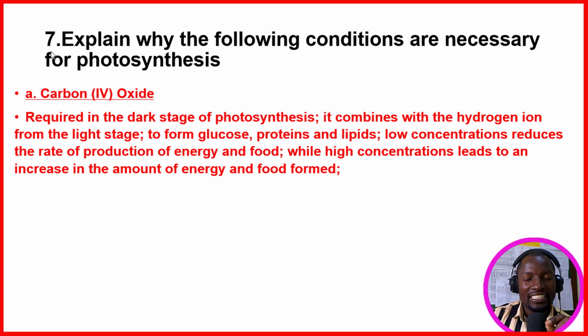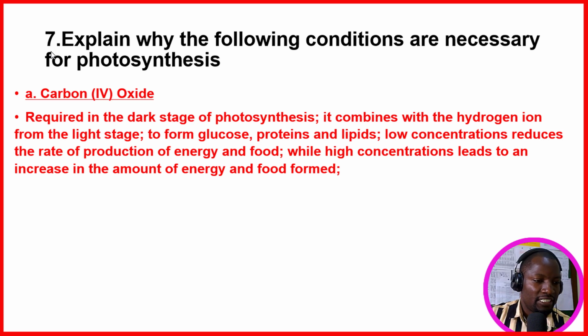Now, when we go to the light independent stage, this is where we meet the hydrogen that came from the light dependent stage, now fusing with carbon 4 oxide. And that's why some books call that stage carbon 4 oxide fixation. This is where carbon 4 oxide fuses with the hydrogen ions to give you the food, or what you call the glucose produced at the end.